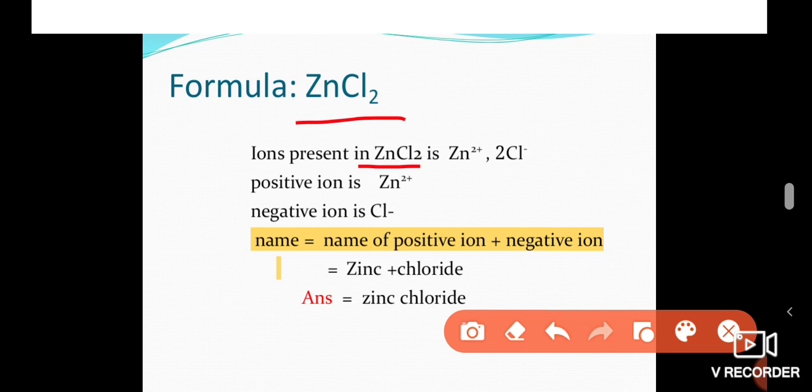And what is a non-metal? Chlorine is a non-metal. The valency of chlorine is 1. That means it's a negative ion, Cl-. We need not consider how many chlorine atoms there are. Okay? No need to consider that. So the positive ion is Zn2+, the negative ion is Cl-. How do we convert to the name?